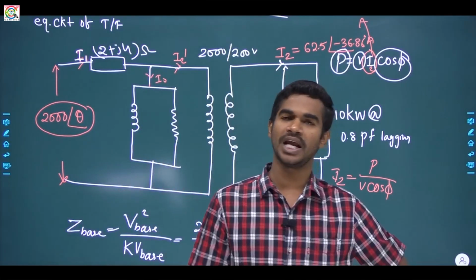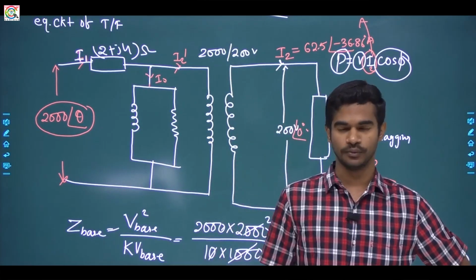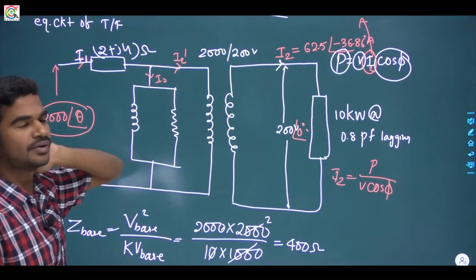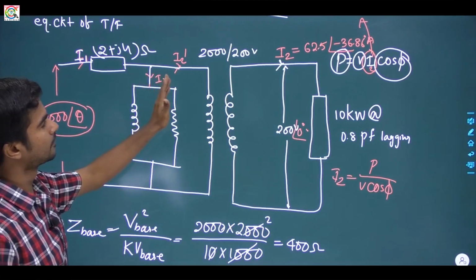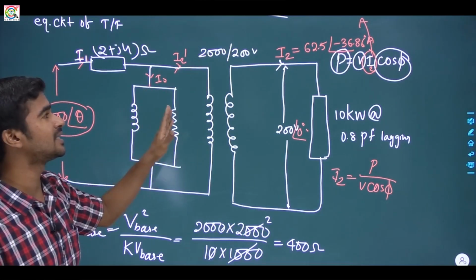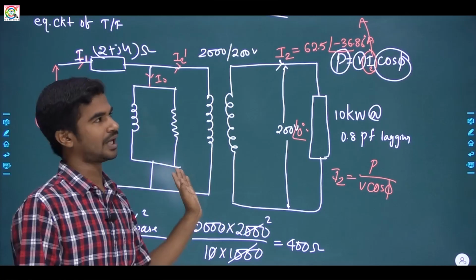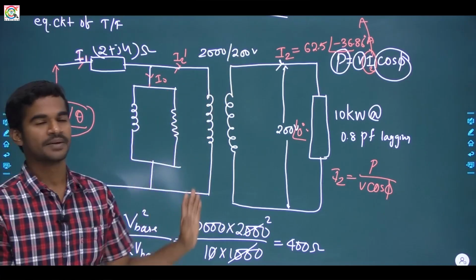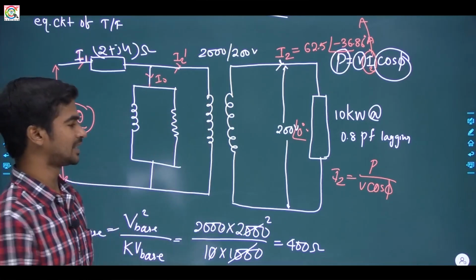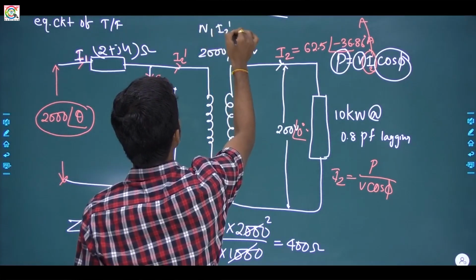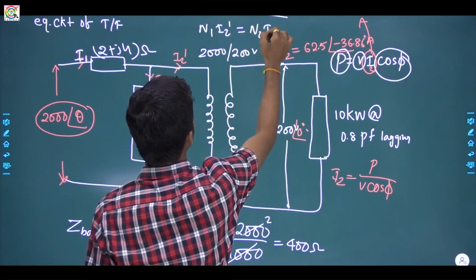That means N1 I2 dash is equal to N2 I2.